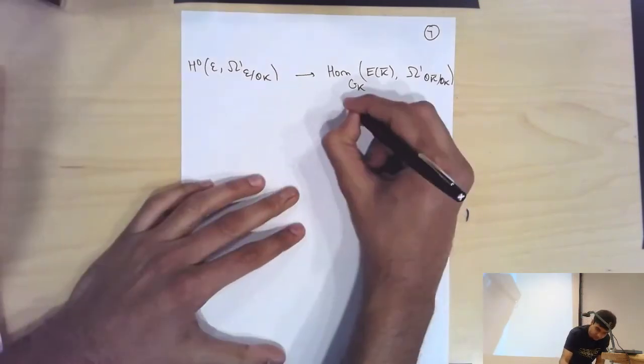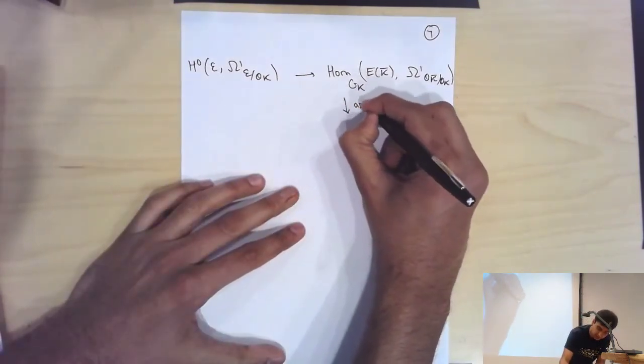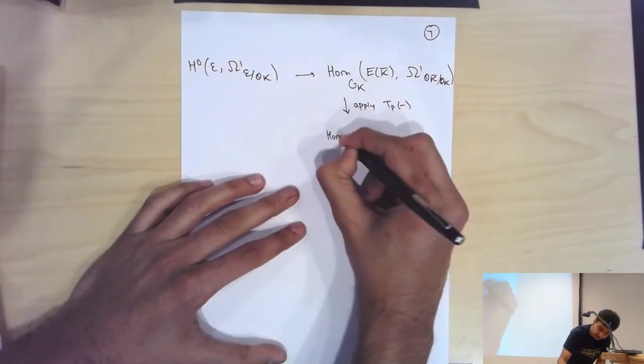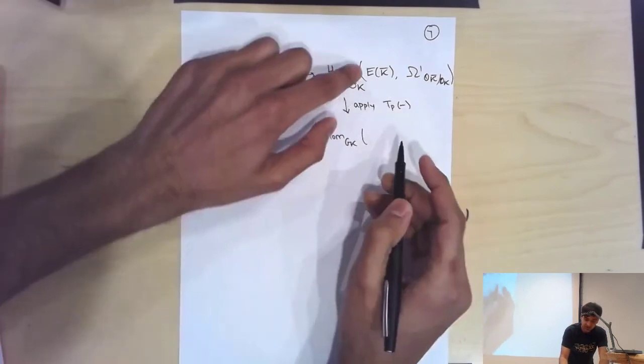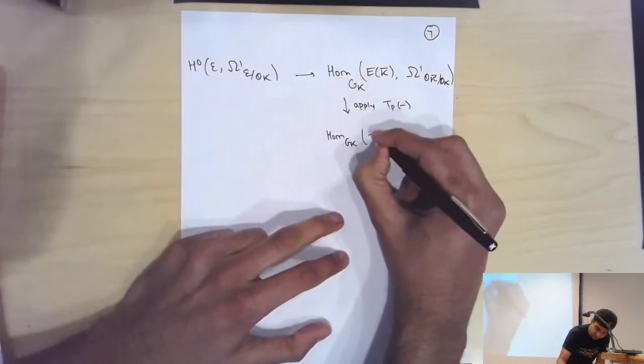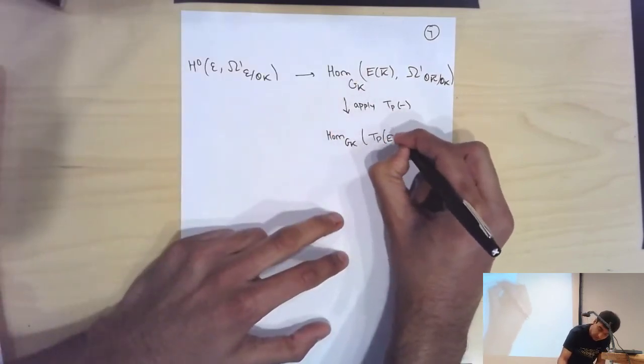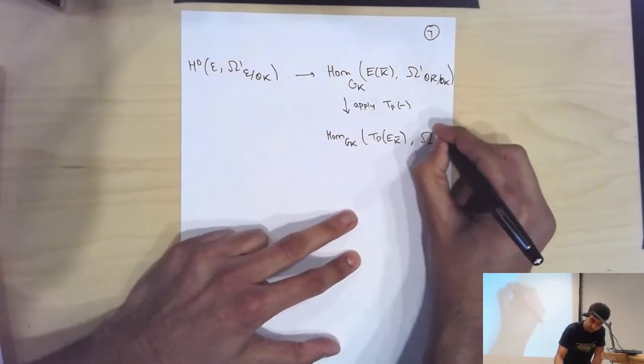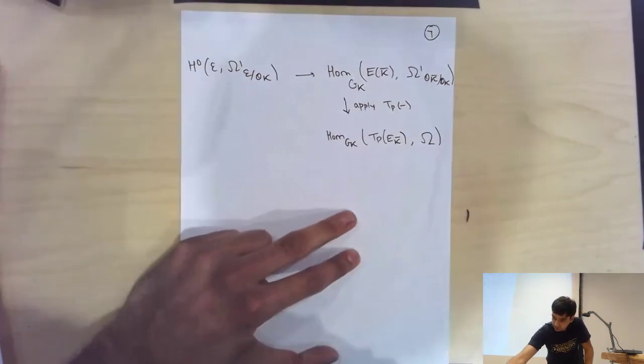So now on the right-hand side, I can just apply the Tate module functor to get a map to Homs of GK into the Tate module of E of K bar, which is by definition the Tate module of my elliptic curve. And over here, the Tate module of omega 1 was what I called omega. It was the definition of omega over here.